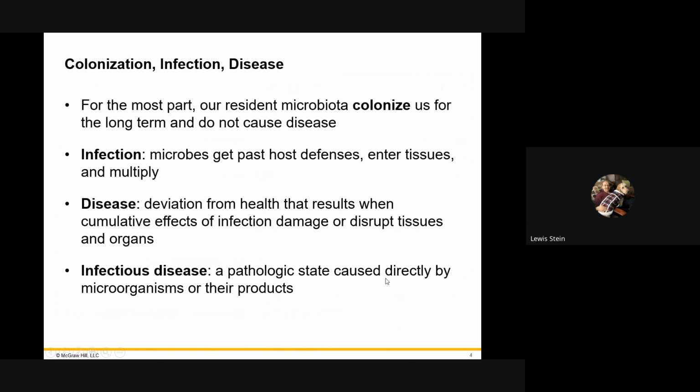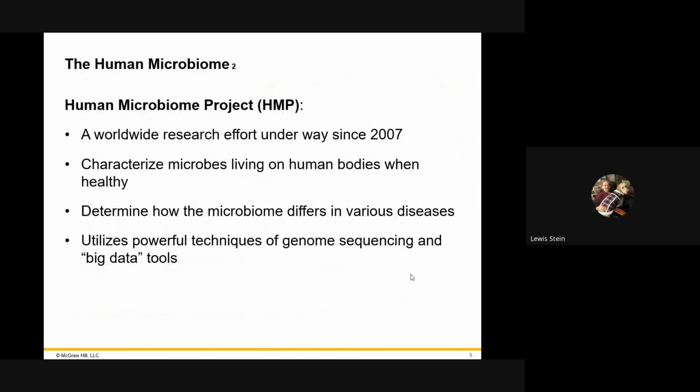So an infectious disease is a pathological state caused directly by an organism, whether it's that cold, that stomach upset, COVID itself or influenza. So this started in 2007 to determine how various diseases differ.